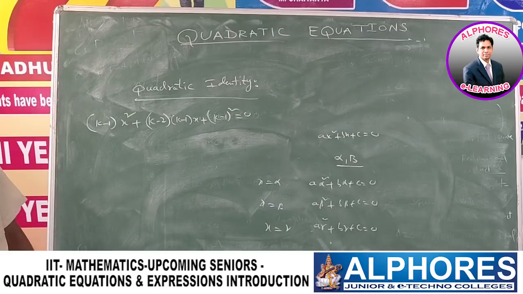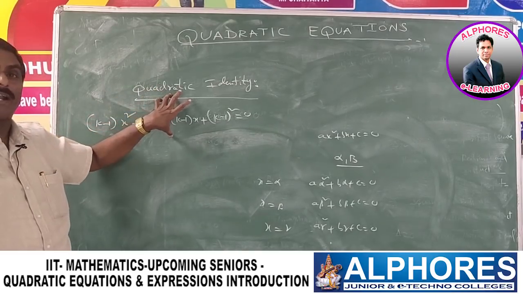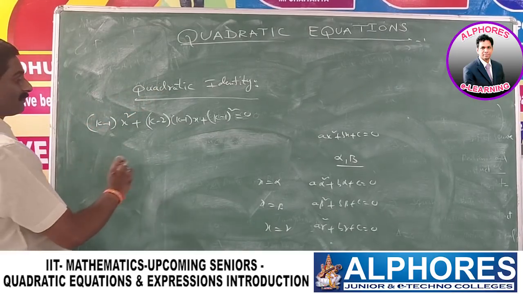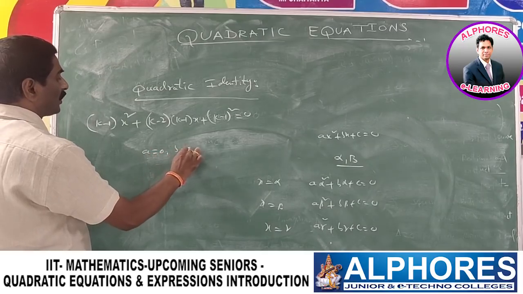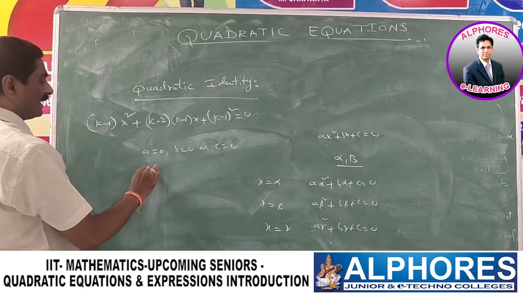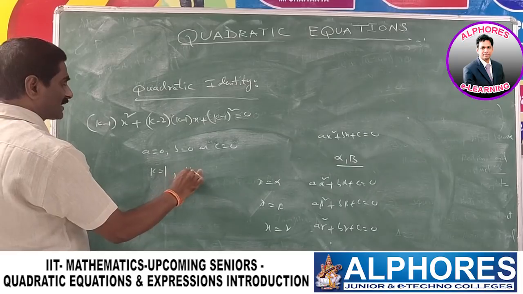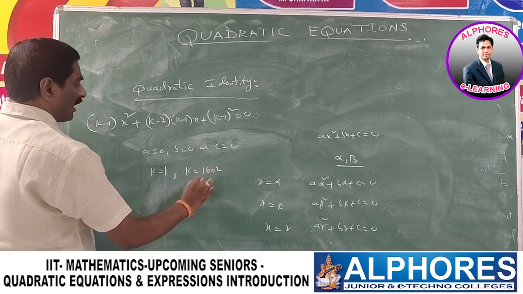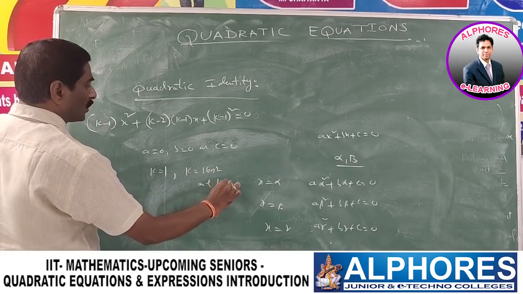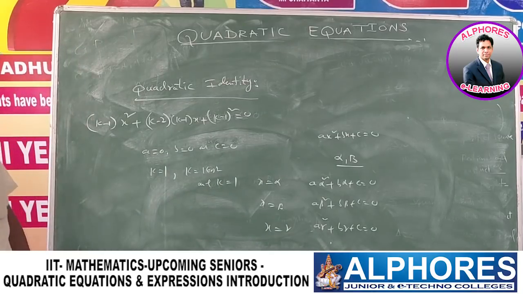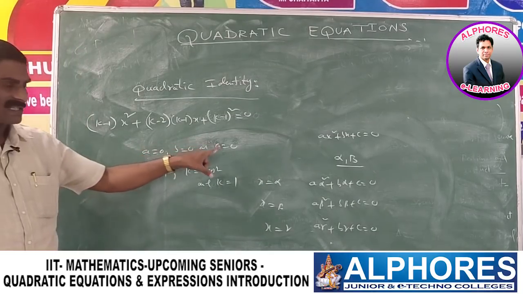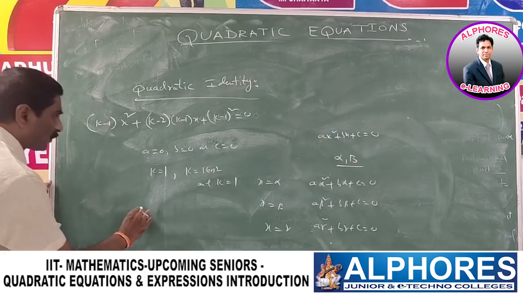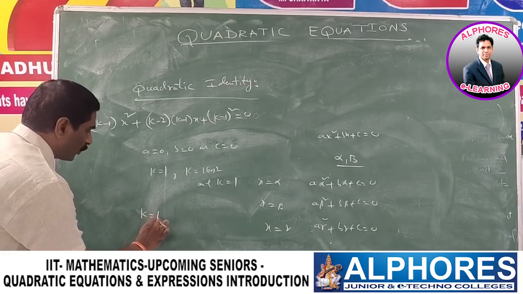If it is a quadratic identity, then a is 0, b is 0 and c is 0. That means k is equal to 1, k is equal to 1 or 2, and k is equal to 1. A0, B0, C0 is possible at k is equal to 1 only.